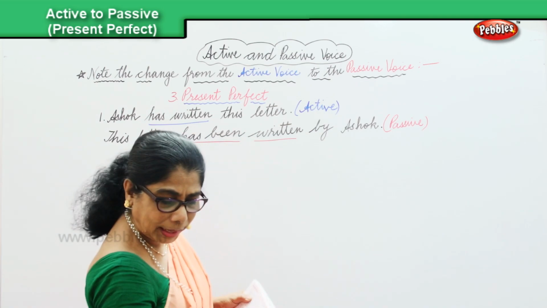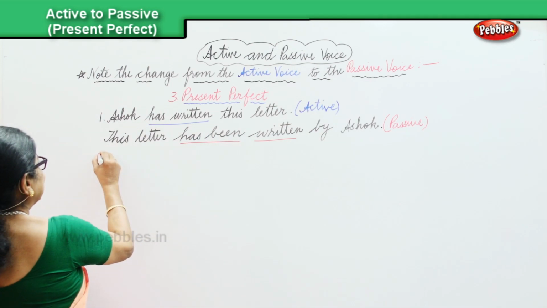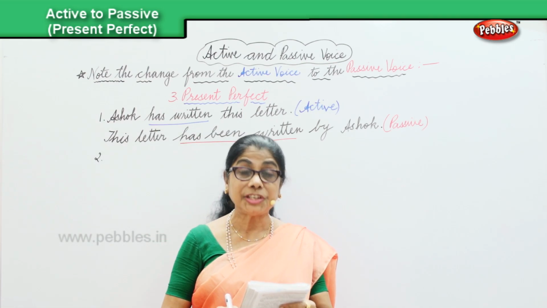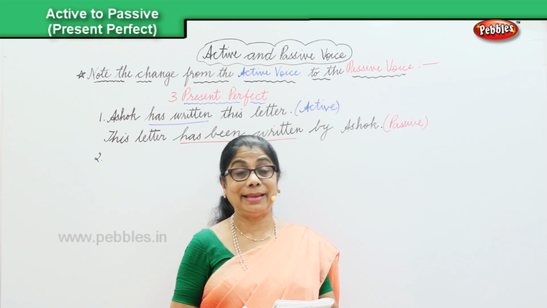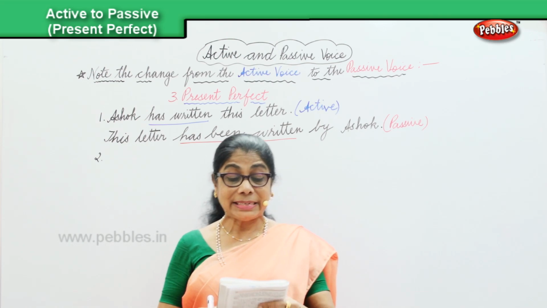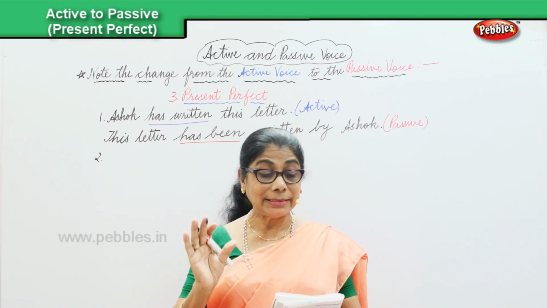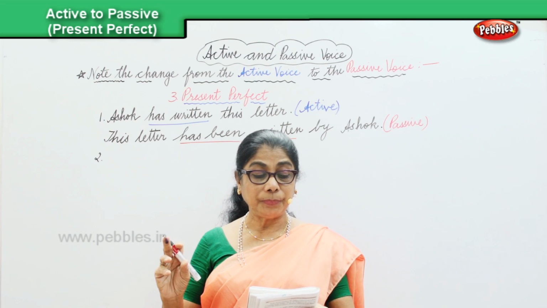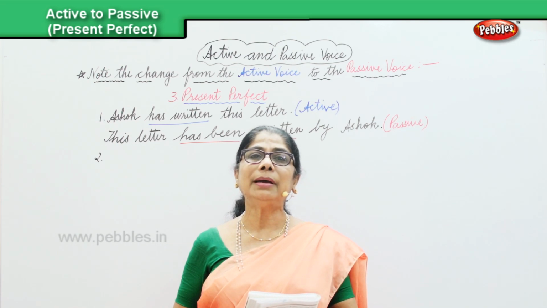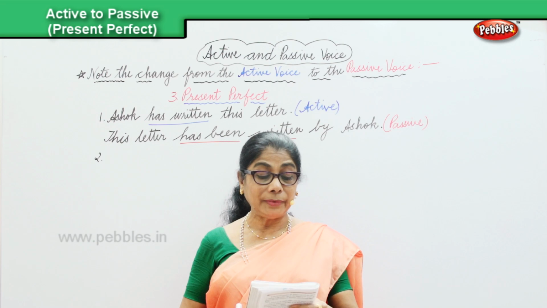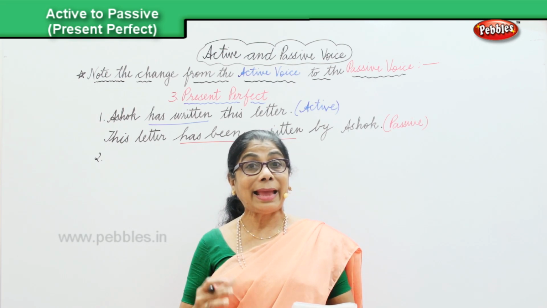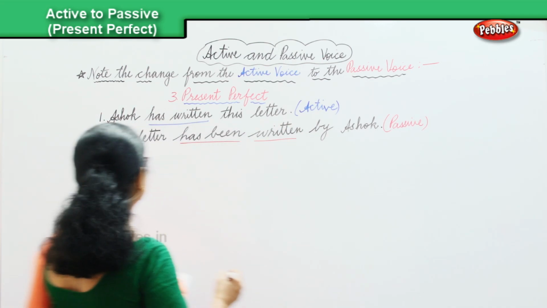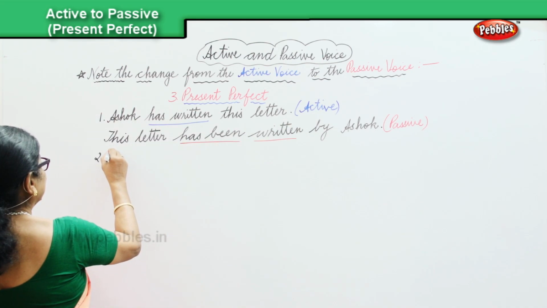Now, let's look at another sentence. In the second, we have, the children have eaten all the cakes. That's in the present perfect active voice. Have eaten. Now, when you change over from the active to the passive, then we say, all the cakes have been eaten by the children.